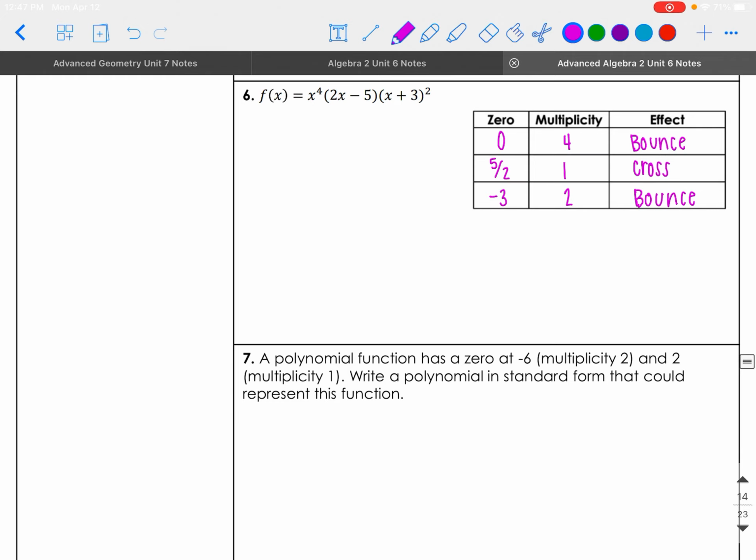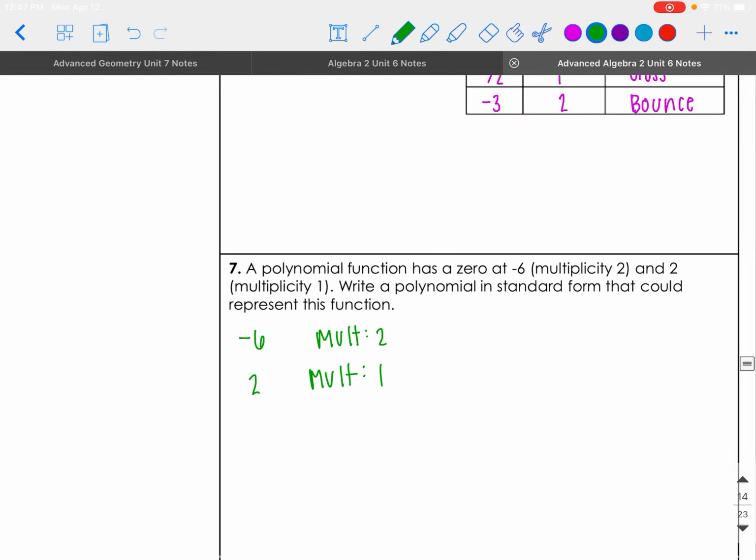Now, number 7 is kind of working backwards. This time, it gives us the x-intercept of -6 with a multiplicity of 2, and 2 with a multiplicity of 1. And we have to give, like the question, we're telling what the equation is.